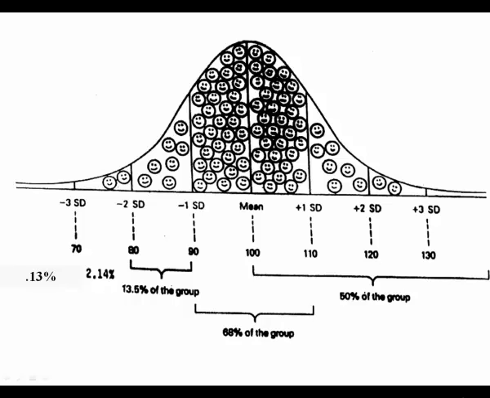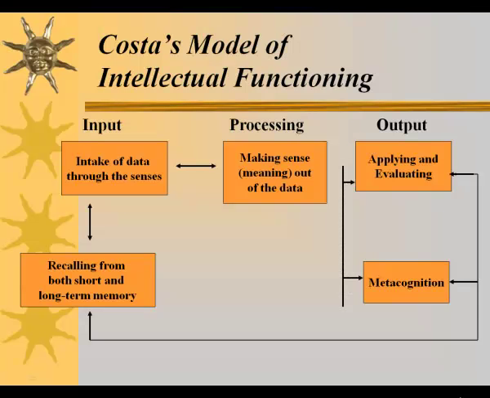We have already discussed the bell curve IQs and students with physical and/or health disabilities. Next, let's think about the impact of physical and health disabilities on the student's intellectual functioning. Children with physical and health impairments may have difficulty in one or more of the components of intellectual processing.